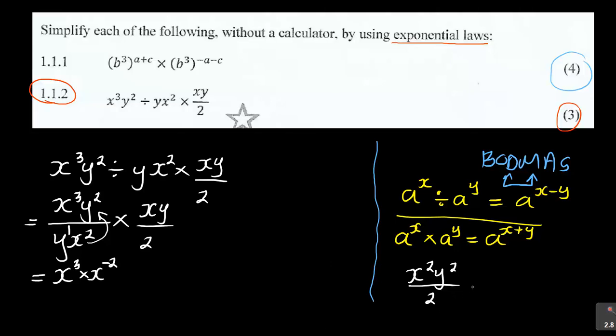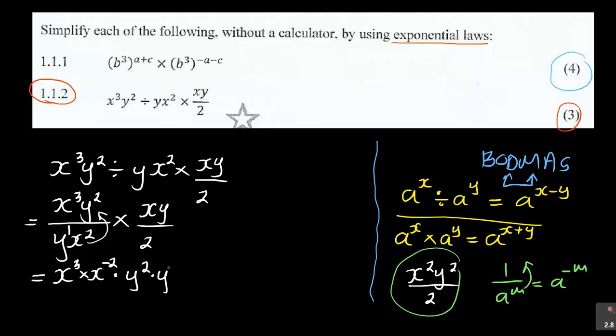And which exponential law am I using? I'm using this law which says 1 over a to the power of m is equal to a to the power of negative m. So when this m goes to the top, it becomes negative. That's what I'm using there. And then at the same time, I have y squared times y to the power of negative 1, times xy over 2.